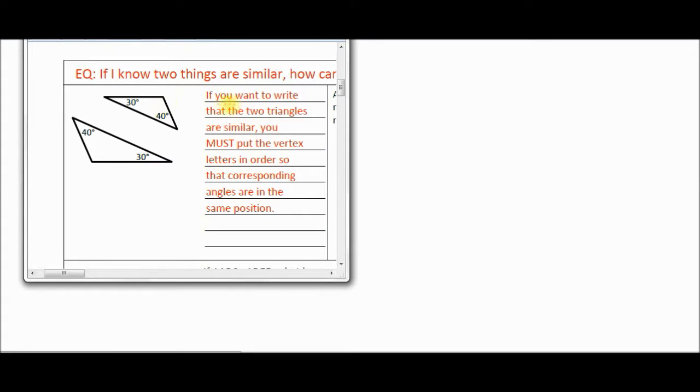And in case you forgot that, let's go through an example here. For this particular triangle, let's label the vertices as A, B, and C. Let's label these triangle vertices as E, D, and F. You can take a look at these two triangles, class, and let's assume they are similar.